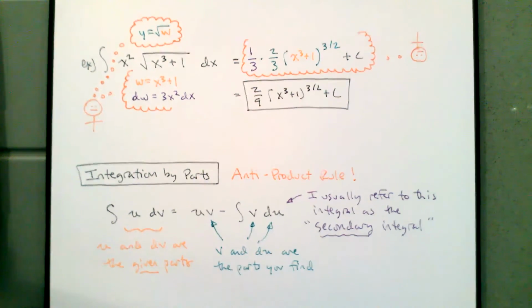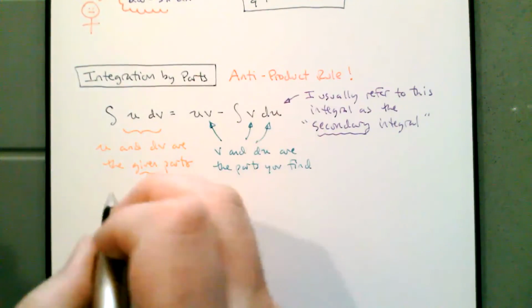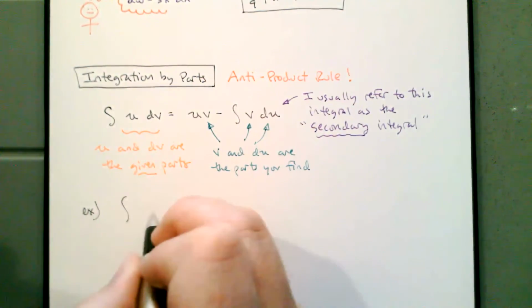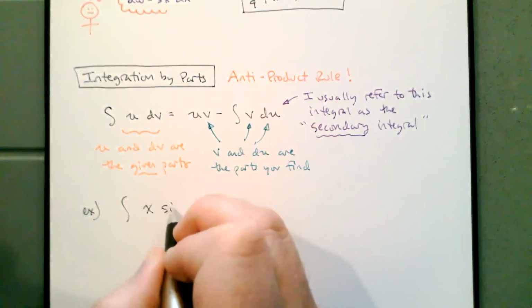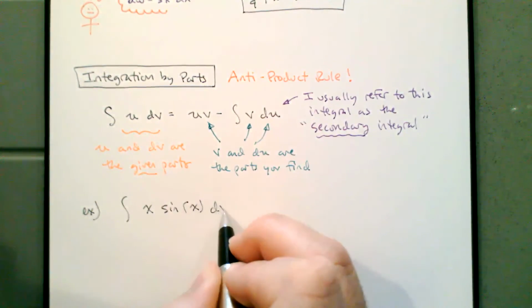Let's take a look at an example of integration by parts. Let's suppose I wanted the integral of x times sine of x dx.